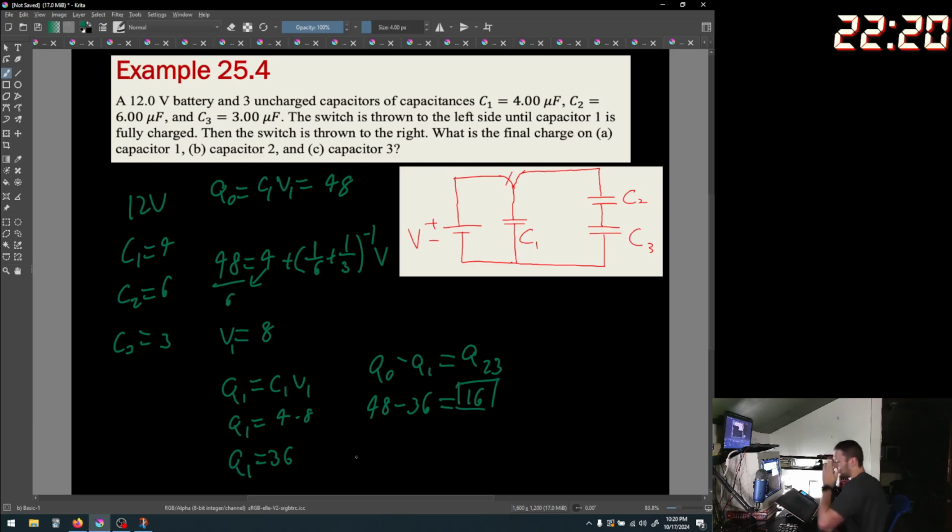So there, it's going to be equal 16 across C2 and 3, which makes sense, because they're in freaking series, not parallel. Okay.